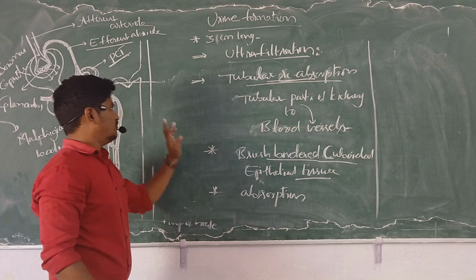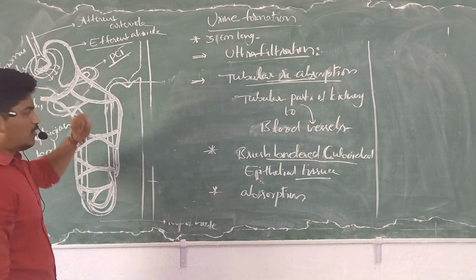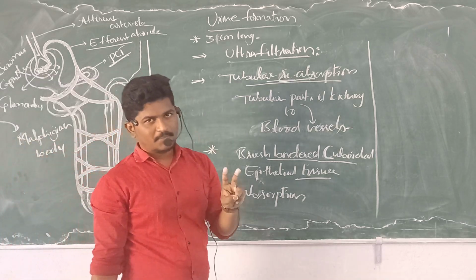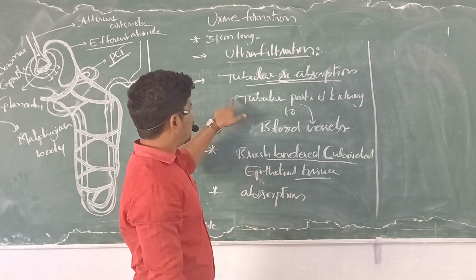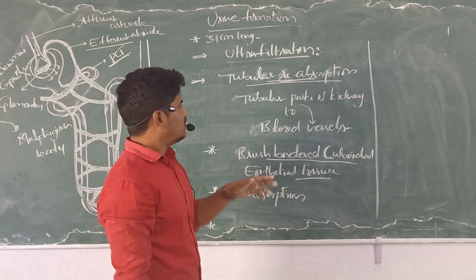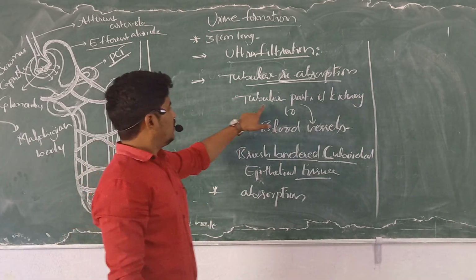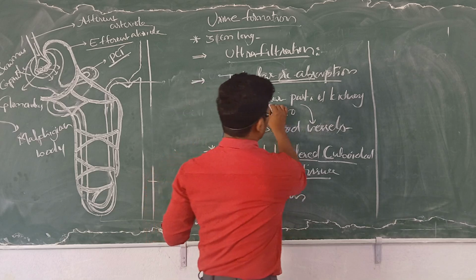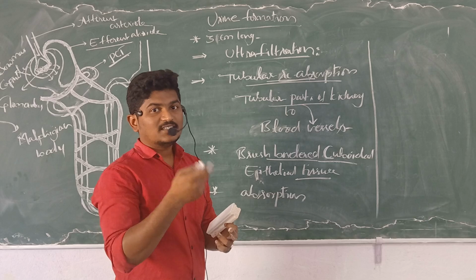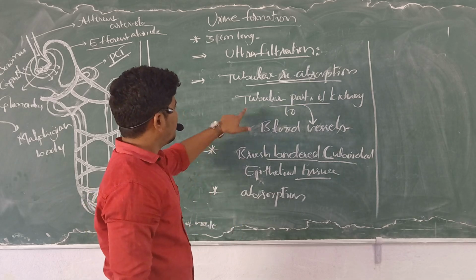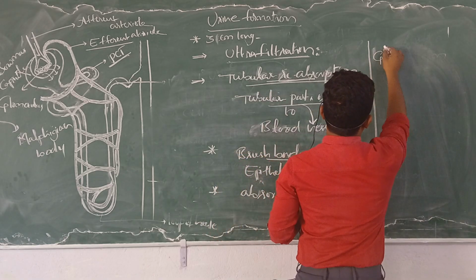We already discussed what is present here, that is plasma. It includes glucose, lipids, and a lot of amino acids. It means there are a lot of things which are required by our body. That is the reason they are reabsorbed from the tubular part of the kidney to the blood vessel. If they get into the blood vessel, they are utilized for our metabolism. So what is reabsorbed?